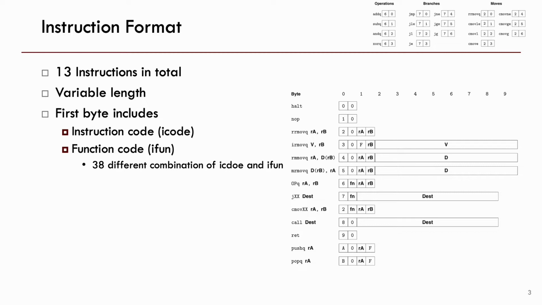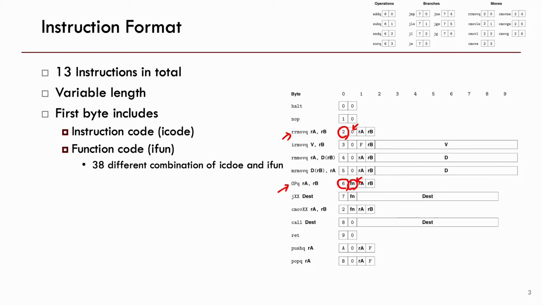So for example, the rrmovq instruction has instruction code 2, but the function code is always 0, which means there is only one function to operate. However, the OPq instruction has one instruction code, but there are multiple function codes.